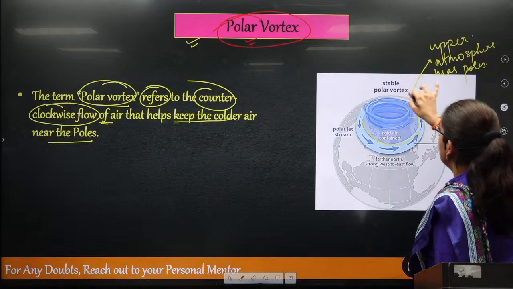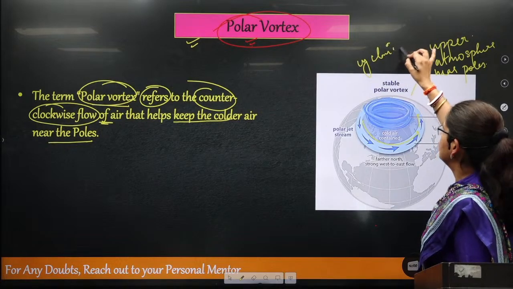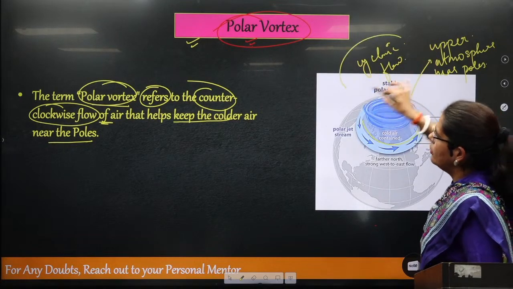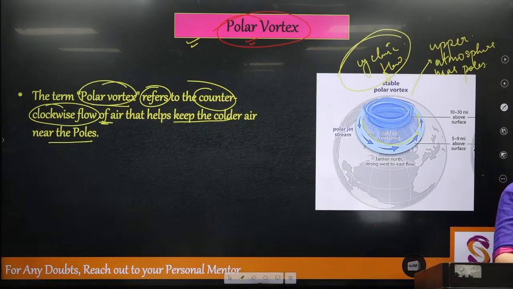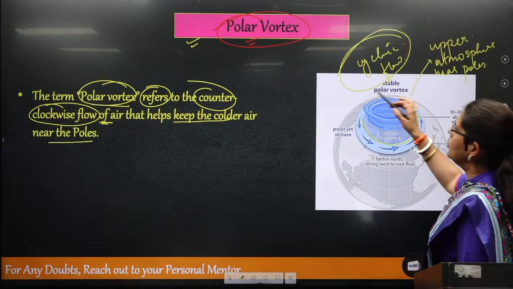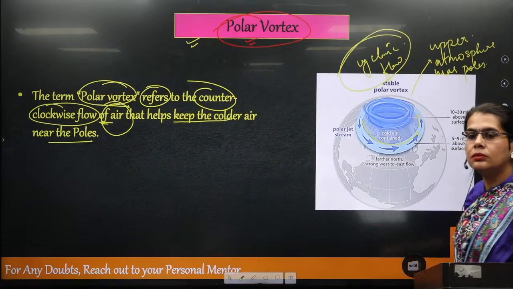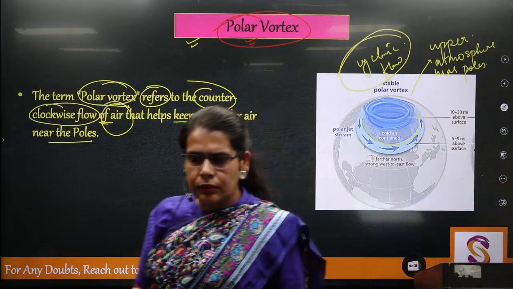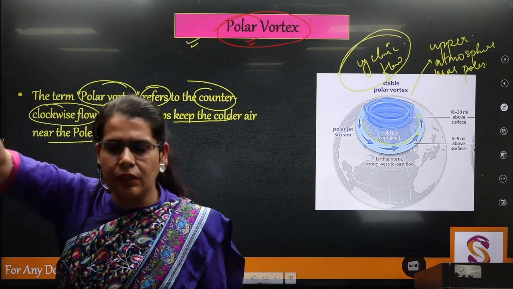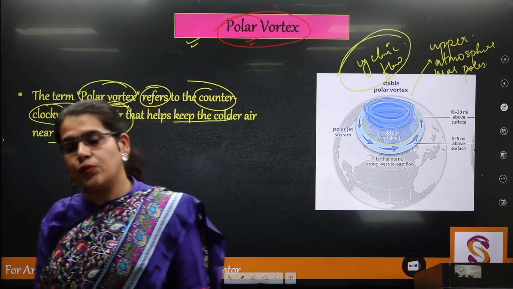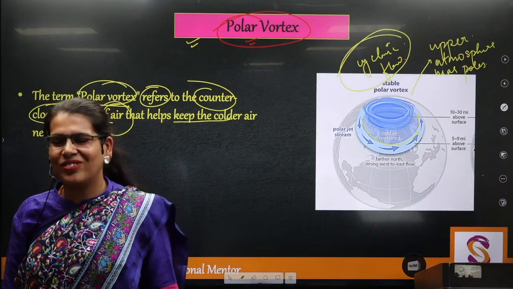This is a polar vortex, which is a cyclonic, counterclockwise flow of air, that is wind.